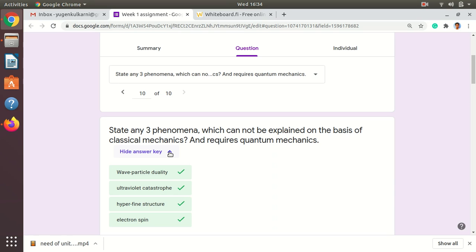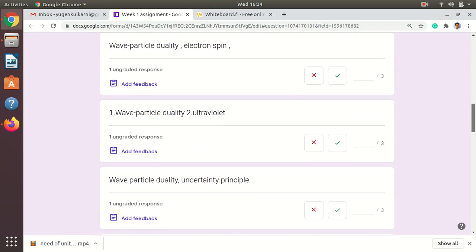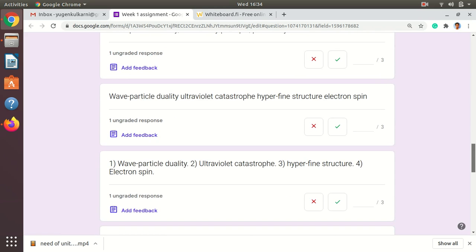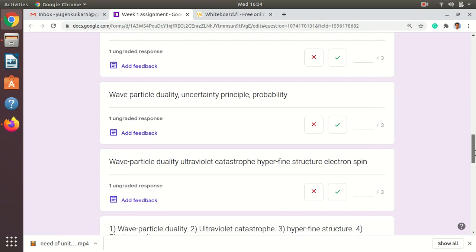You might have seen my video in which I stated that classical mechanics plus uncertainty plus probability is quantum mechanics, but that probability is not as such probability. So I will give half a mark for that, but ideally you should write the probabilistic nature of particles. Still, a good attempt, I would say.